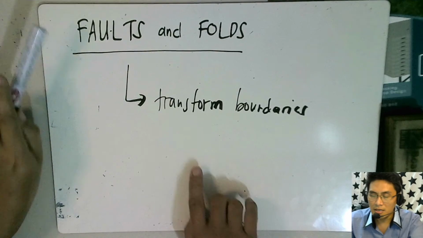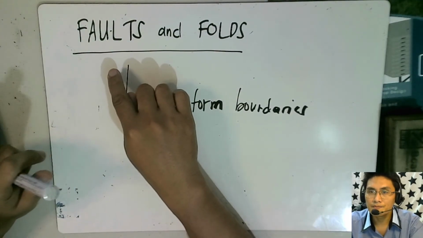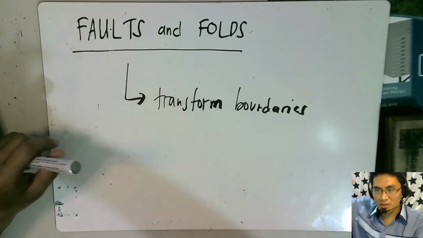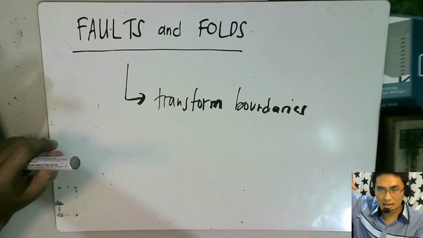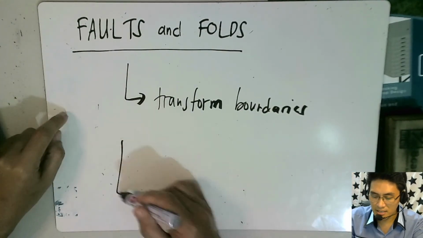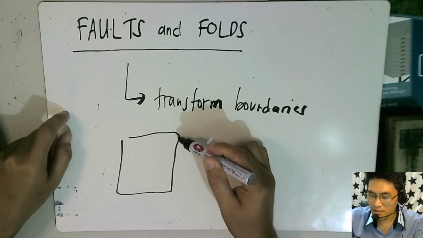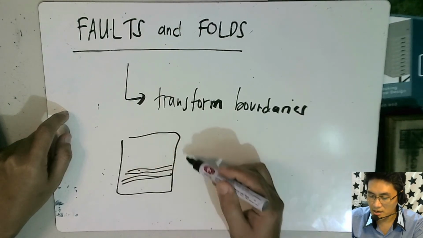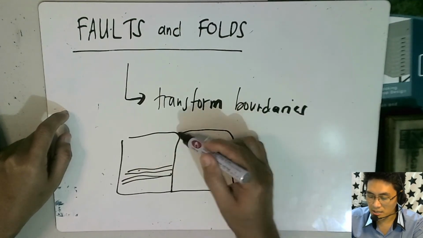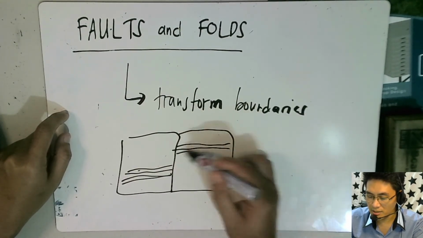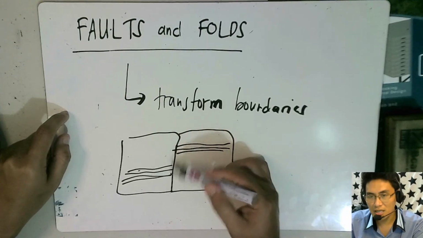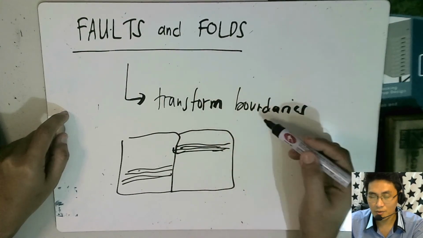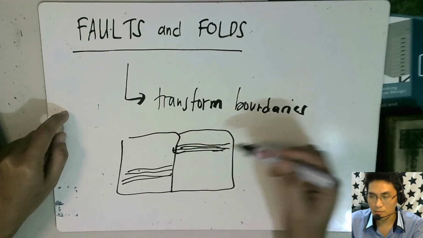But insofar as horizontal faulting, meaning faults that we can really see from the sky, when we can see two plates, and a rock structure that is continued on the second plate but with a horizontal misalignment, then that's really a sign of a transform boundary.